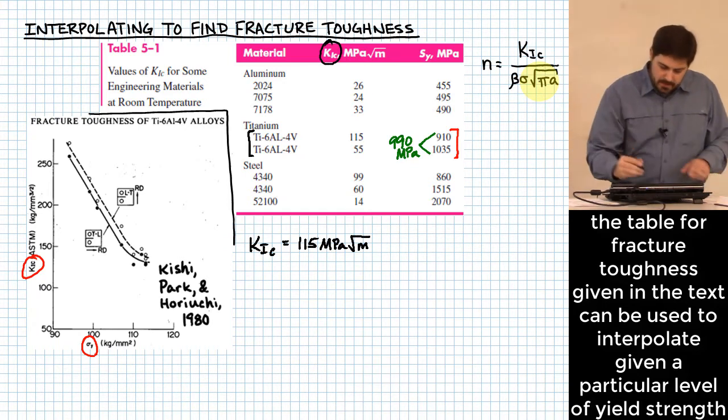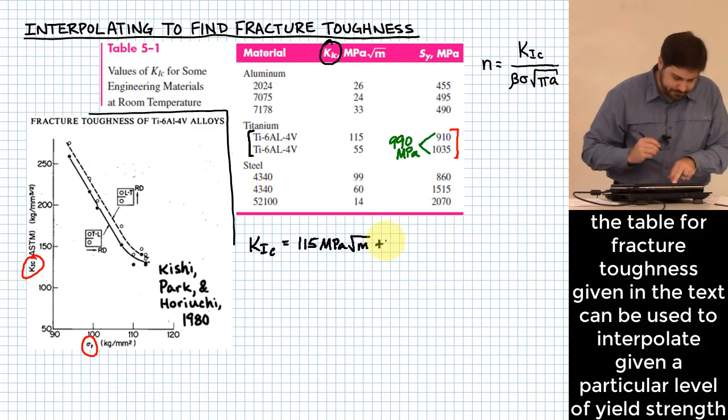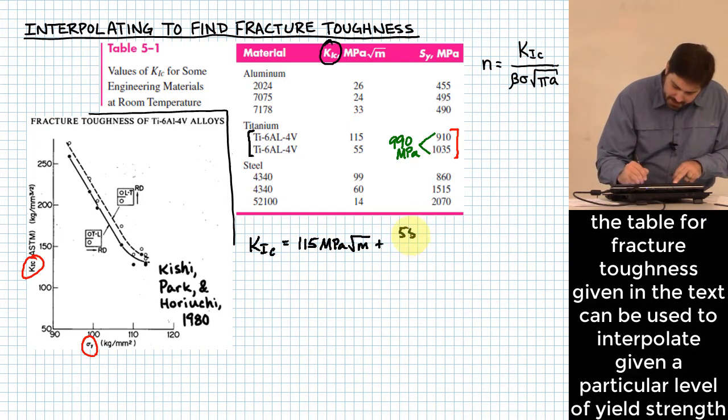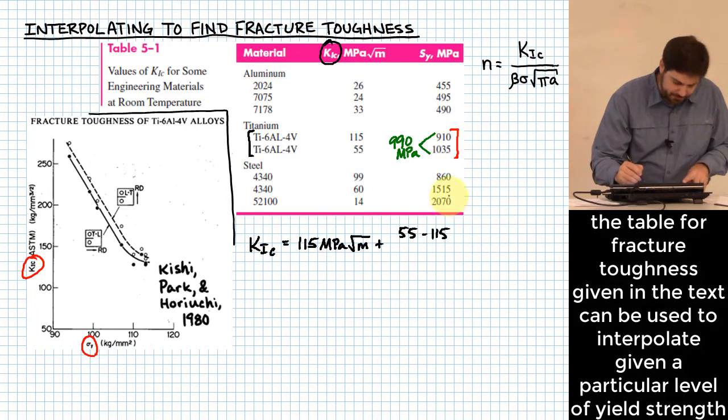All right, so we have this value, then what? Plus, I'll take the difference between the two values at the ends of that spectrum.